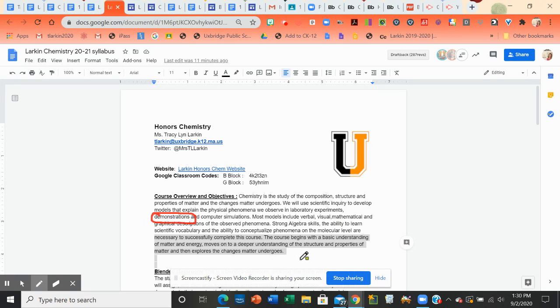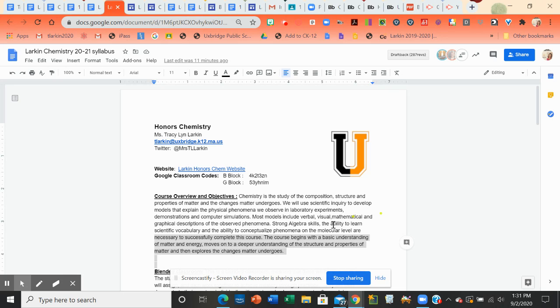Not quite sure if we will get to actual hands-on lab experiments. We are going to absolutely try to do that the best way and safest way possible. Most models include verbal, visual, mathematical, and graphical descriptions of observed phenomena. So we're going to talk a lot about that word phenomena, and you guys are going to do a lot of inquiry type of work as we go through the school year.